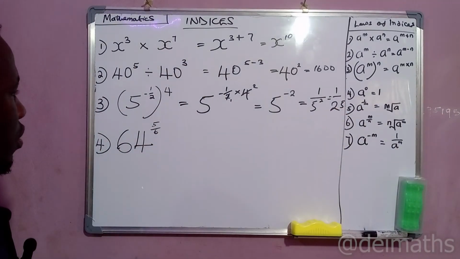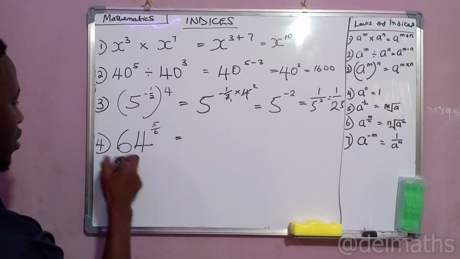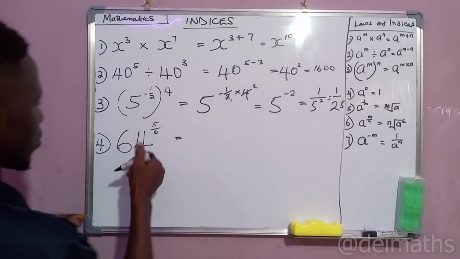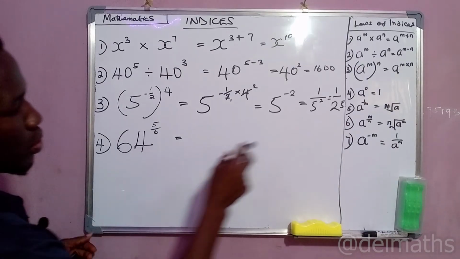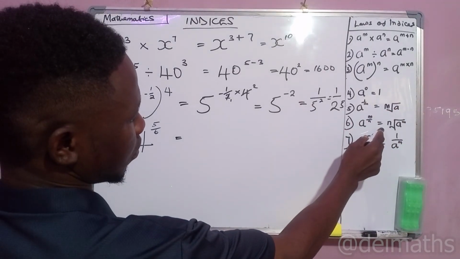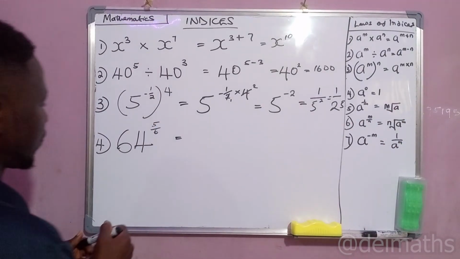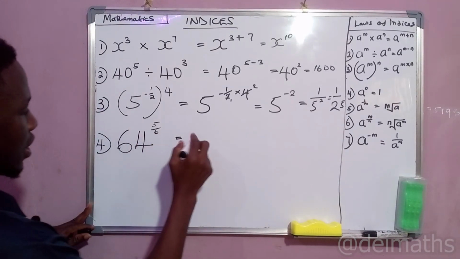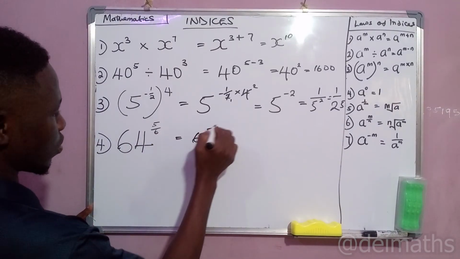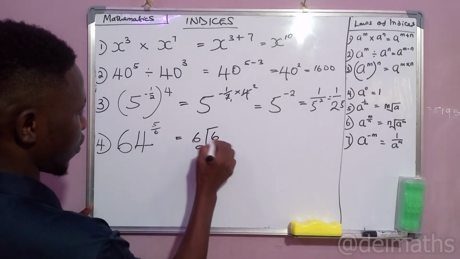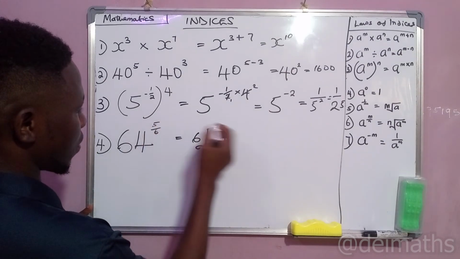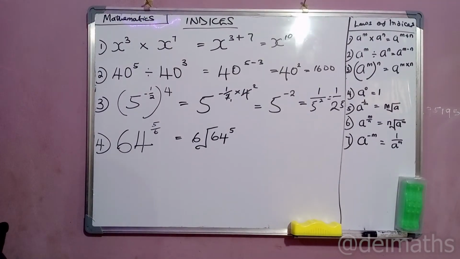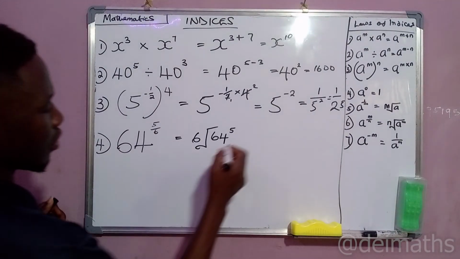The fourth one, we have 64 raised to the power 5 over 6, which is equal to, we are using the roots law. We have our 6 here, 6 roots, 64 raised to the power 5. Now, what do we do again?